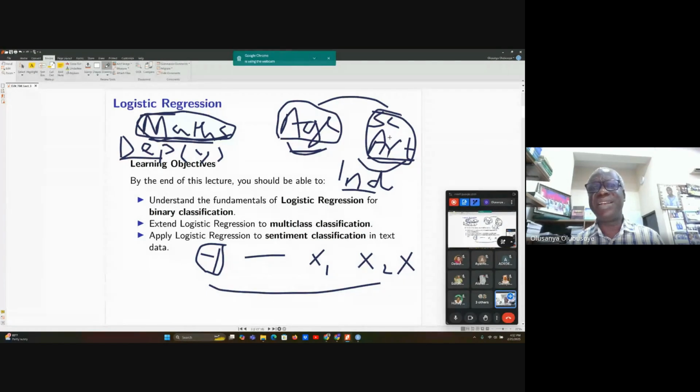And the independent variables, we denote them by x1, x2, x3, and so on, depending on the number of those variables. So those variables that are listed here are the variables that we believe are responsible for y.